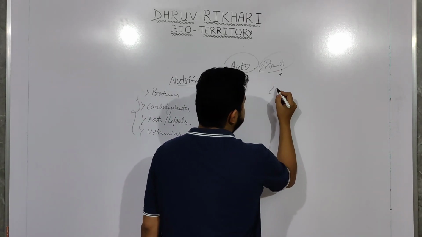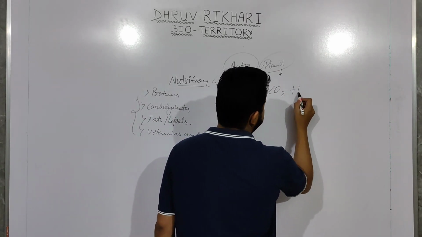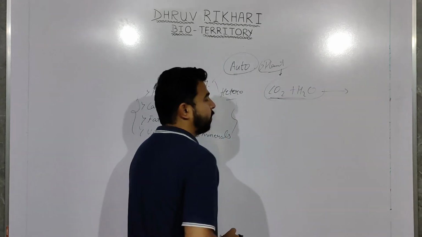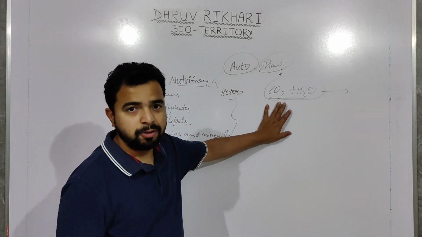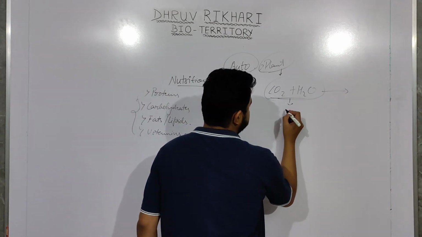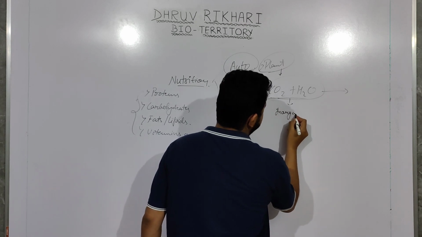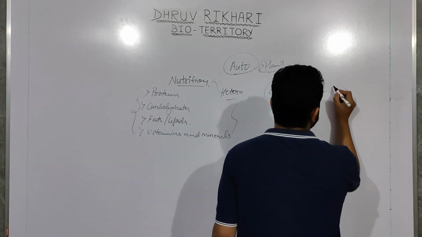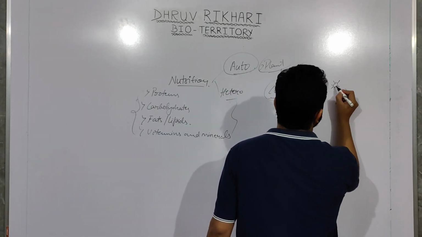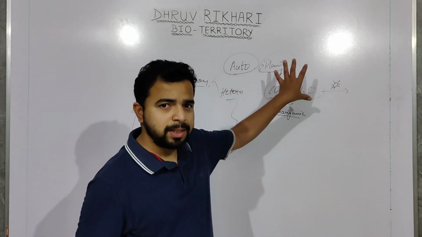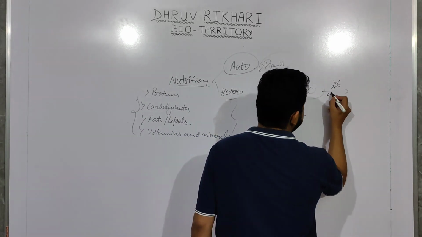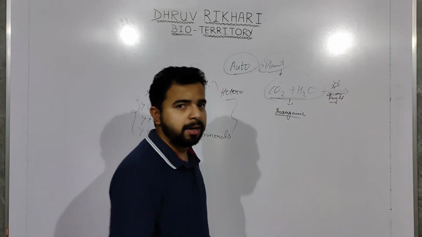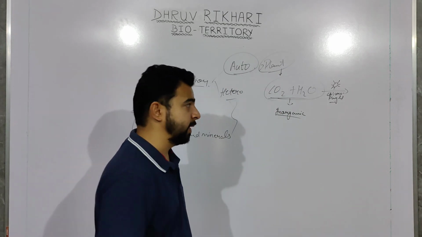So here the plant will take carbon dioxide and water, which are inorganic molecules, and these will be absorbed in the presence of sunlight. And where is this process taking place? In the chlorophyll part. Chlorophyll is basically the green pigment of the plant where this photosynthesis takes place.